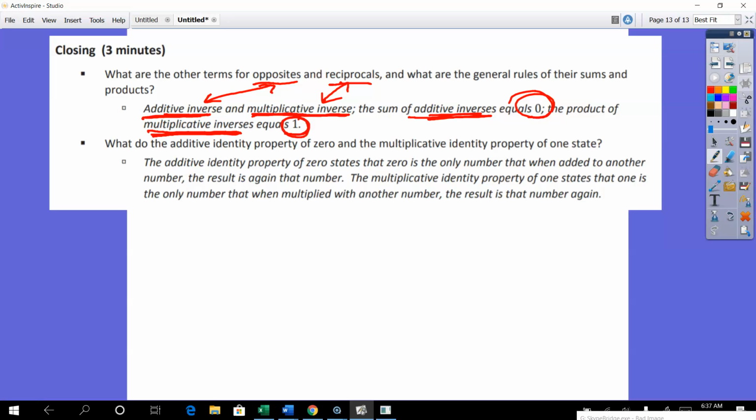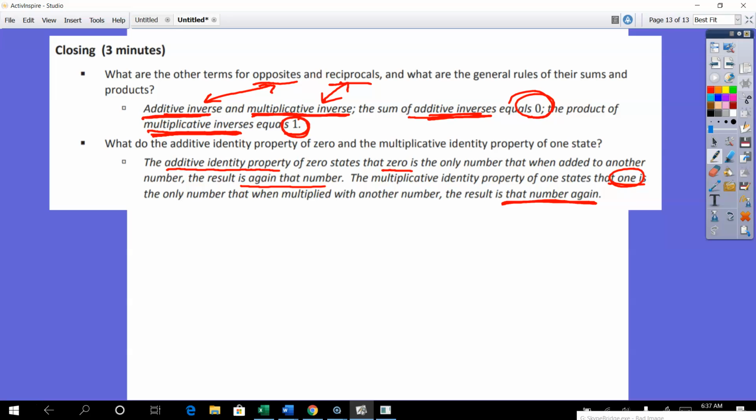What do the additive identity property of 0 and the multiplicative identity property of 1 state? The additive property states that 0 is the only number that when added to another number will result in that number again. The multiplicative identity property states that 1 is the only number that when multiplied with another number will result in that number again.